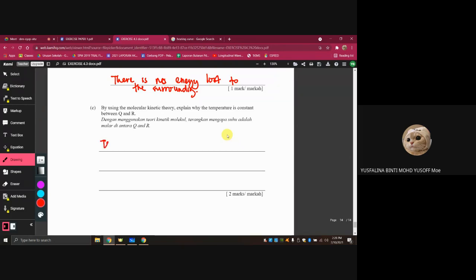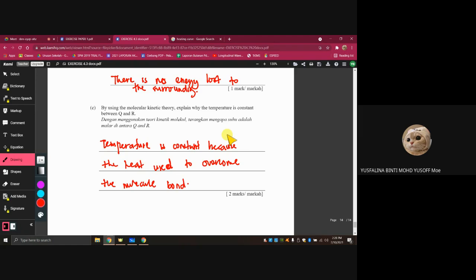Temperature is constant because the heat is used to overcome the molecule bond.